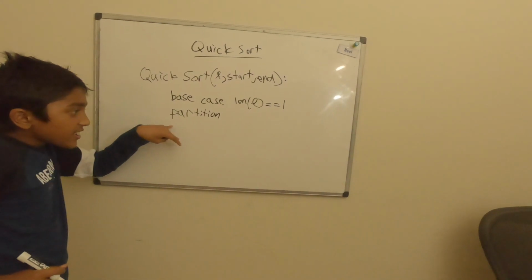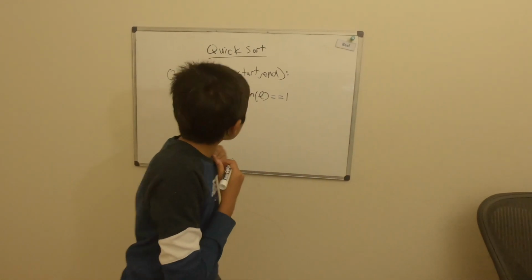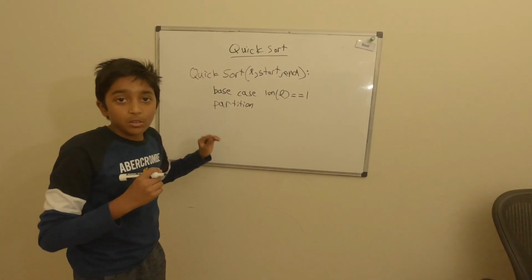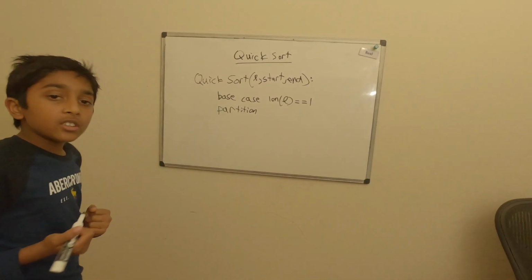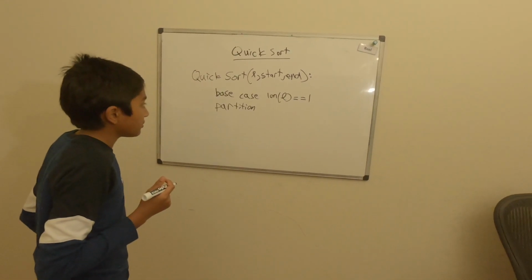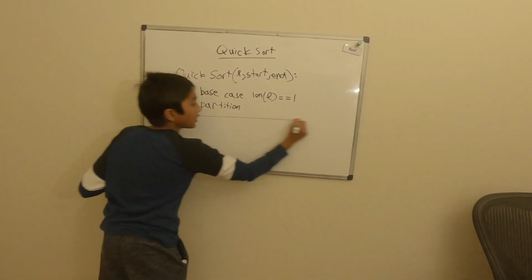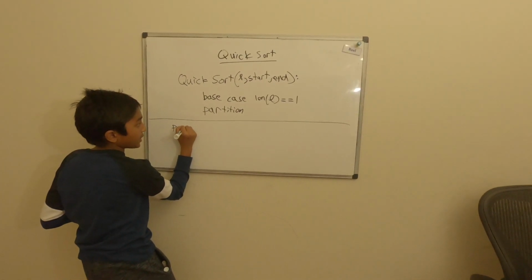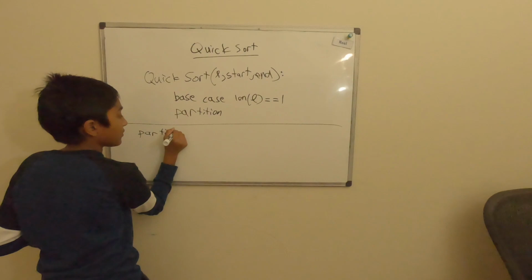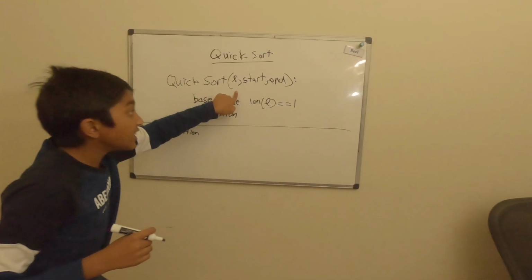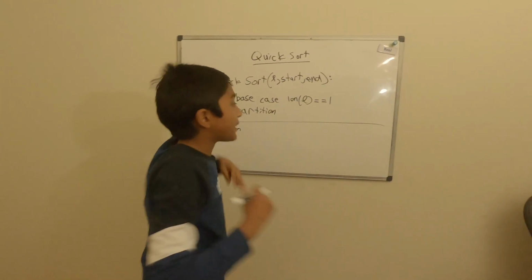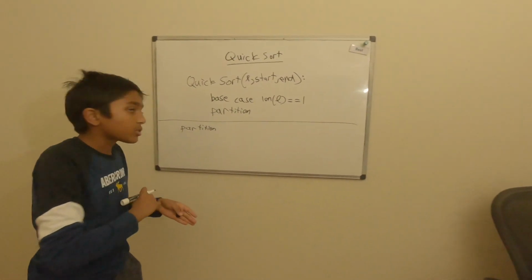Now, this is really the special sauce in the Quicksort algorithm. So, what do we do in partition? Let's take a closer look at the partition function. Obviously you need the list, the start and the end, which you'll be keeping track of throughout it.